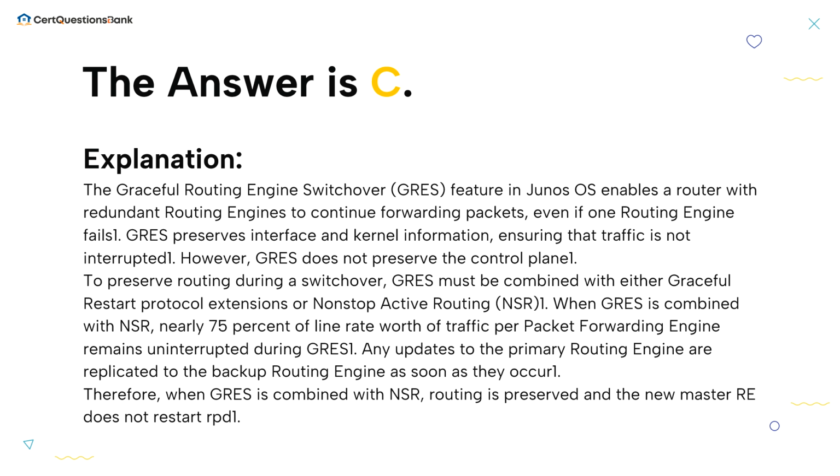Any updates to the primary routing engine are replicated to the backup routing engine as soon as they occur. Therefore, when GRES is combined with NSR, routing is preserved and the new master RE does not restart RPD.